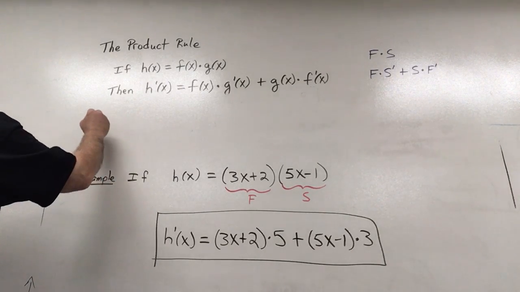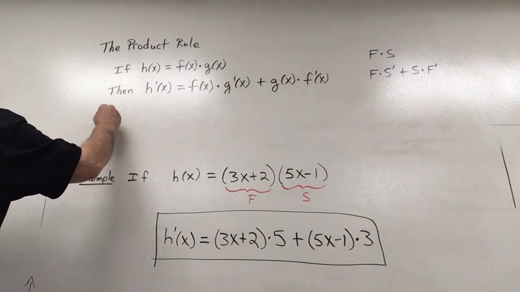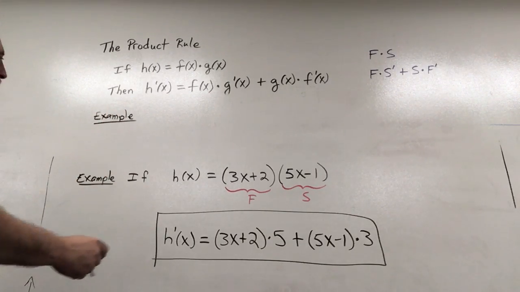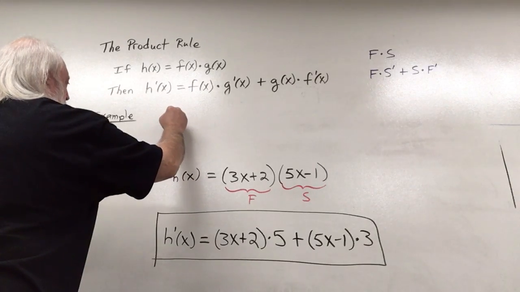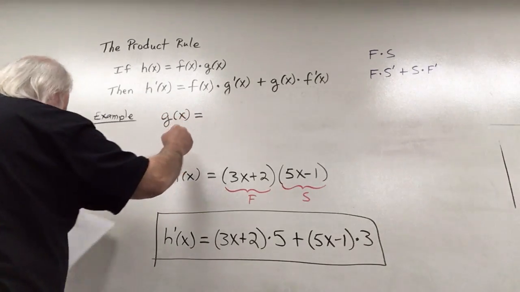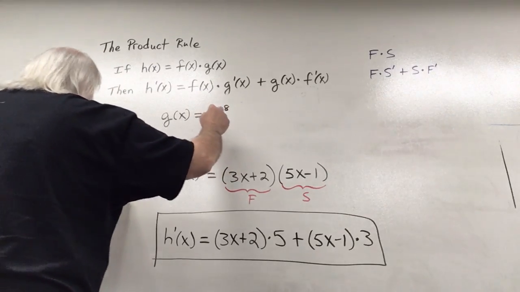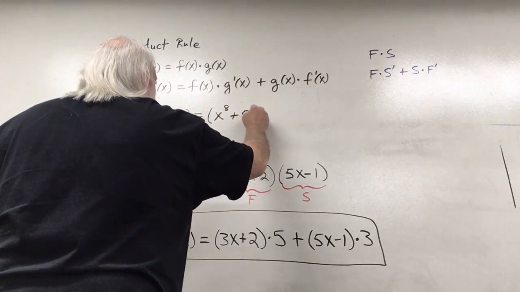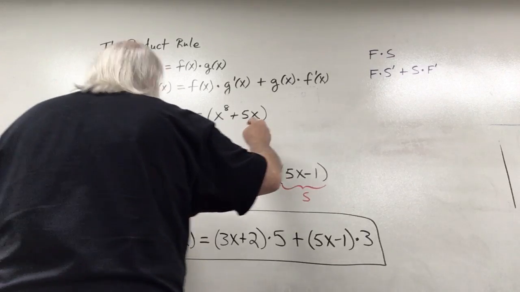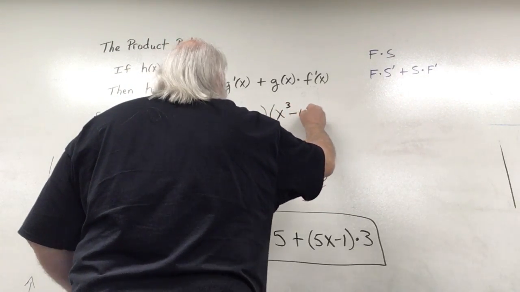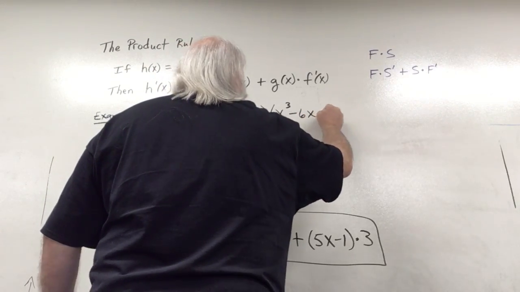In the next example, we have g of x is equal to x to the 8th plus 5x times x cubed minus 6x plus 1.